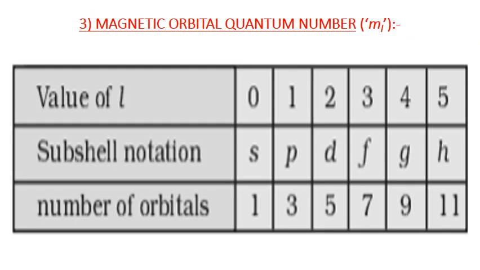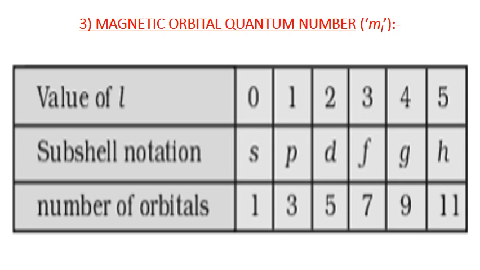If l value is 0, subshell notation is s. The number of orbitals is equal to 1. If l value is 1, subshell notation is p. Number of orbitals is 3. If l value is 2, subshell notation is d. Number of orbitals is 5.